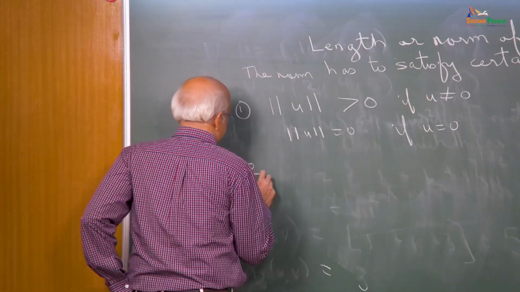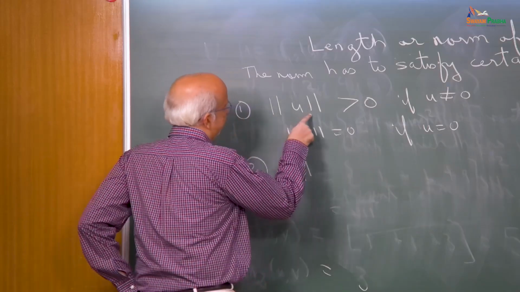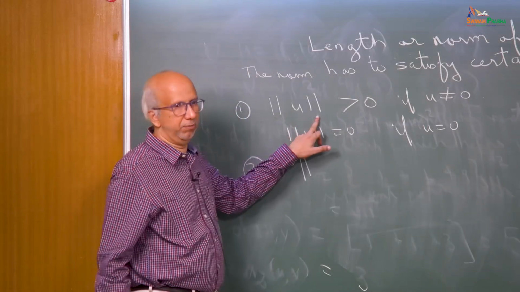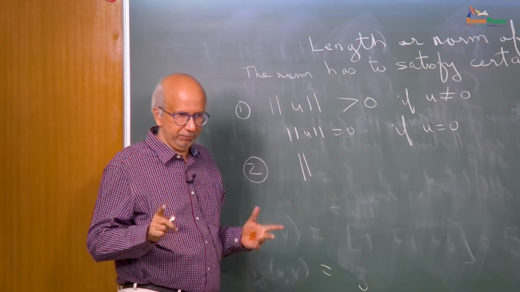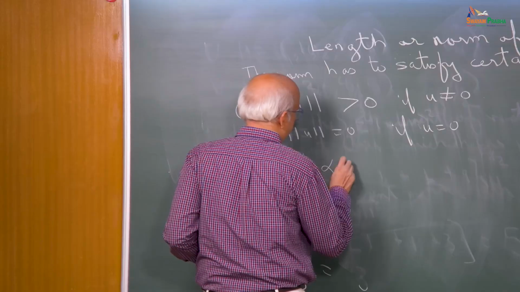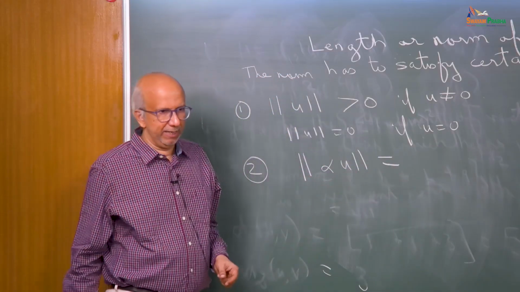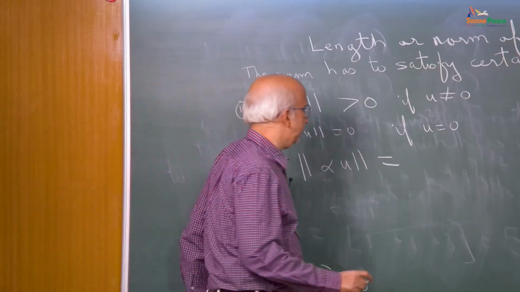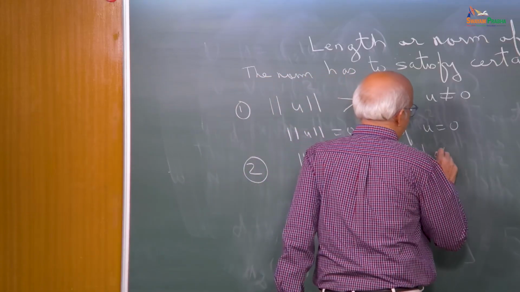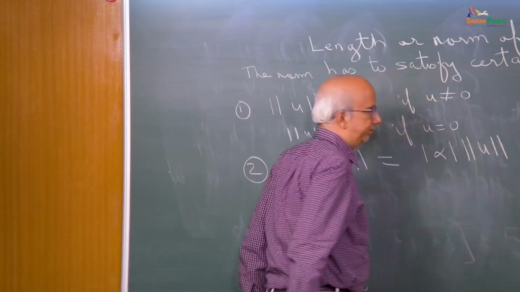The second thing is the norm of this. So, this is the sign I am going to use for norm, 2 lines. This basically tells you length. Norm of alpha u, when I multiply u by a scalar, is going to be the absolute value of alpha multiplied by the norm of u.